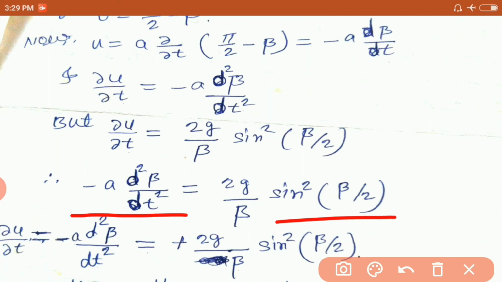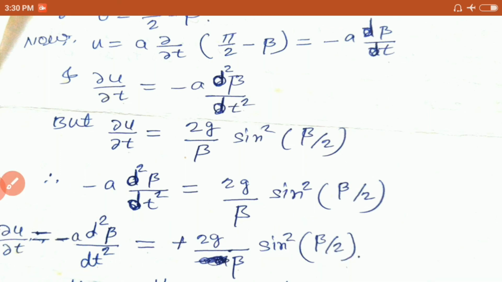This can be written as dou u by dou t is equal to minus a d square beta upon dt square is equal to 2g upon beta sin square beta by 2, and hence the proof, or hence the solution, of this problem.